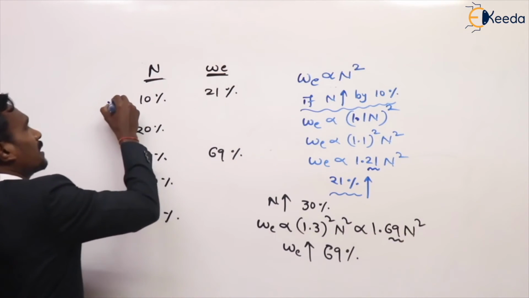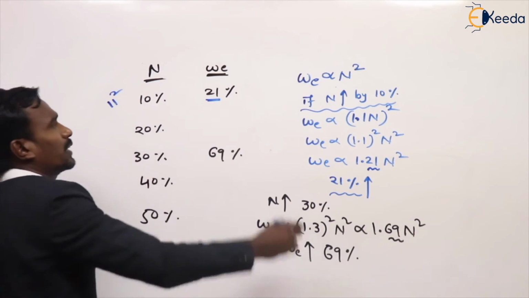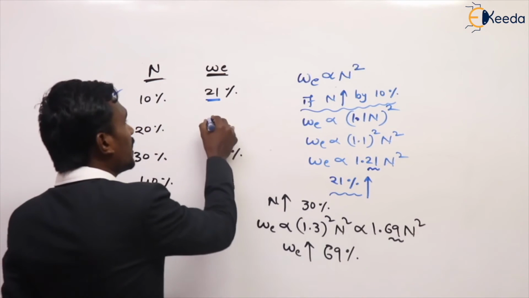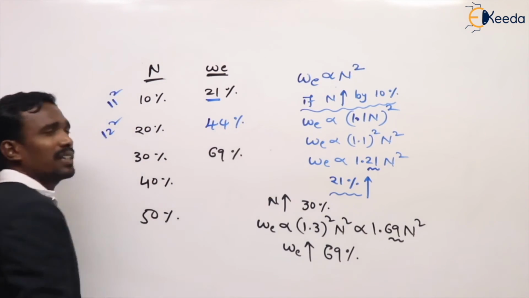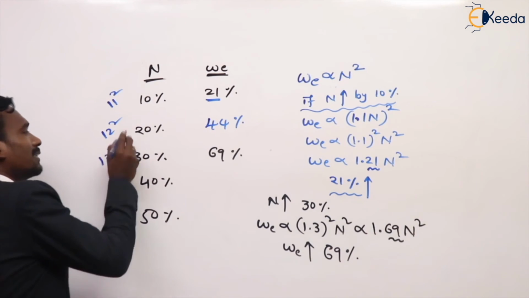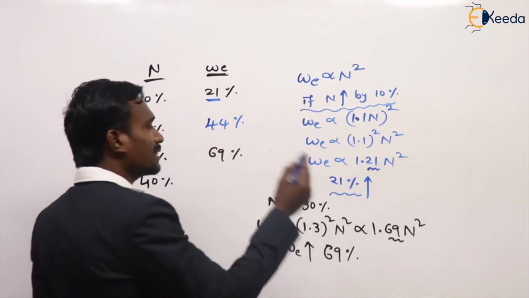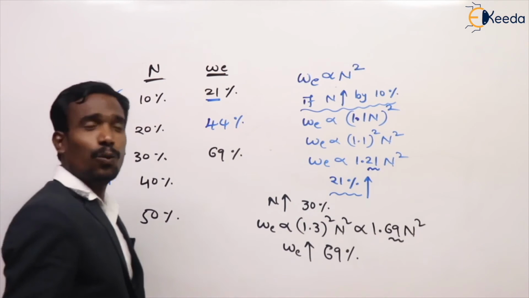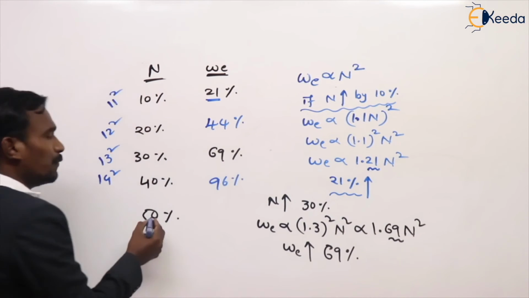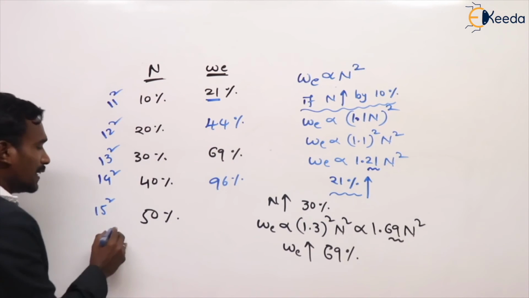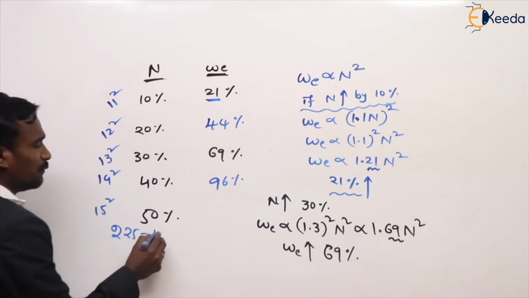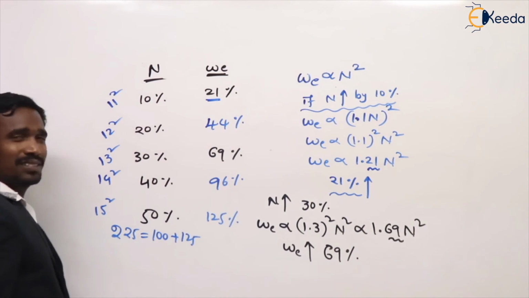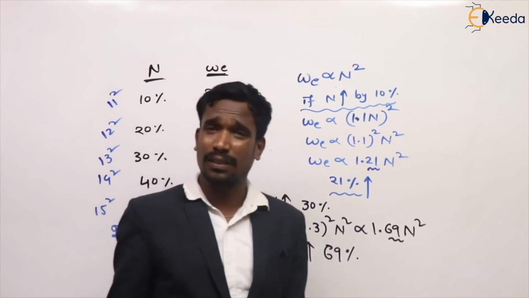For 10%, 11 square is 121. For 20%, 12 square is 144, so 44% increase. For 30%, 13 square is 169, so 69%. For 40%, 14 square is 196. For 50%, 15 square is 225, which is 100 plus 125, so 125%. Very simple question on speed.